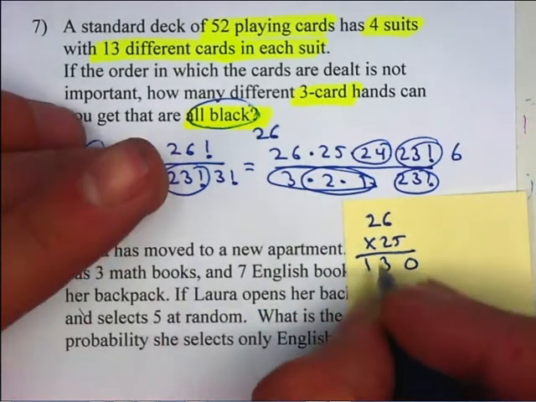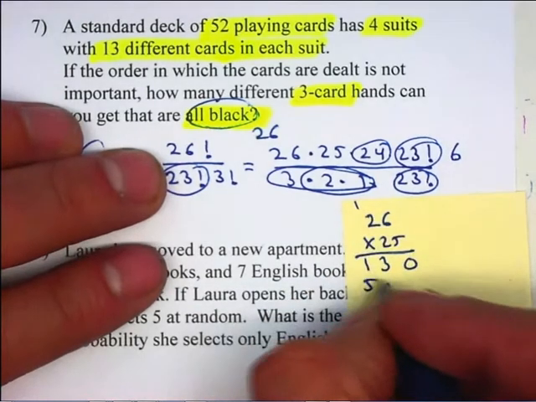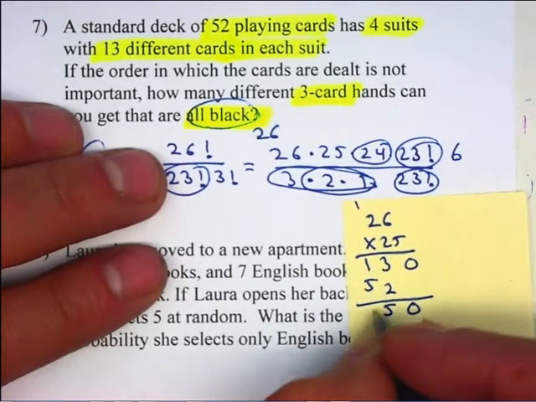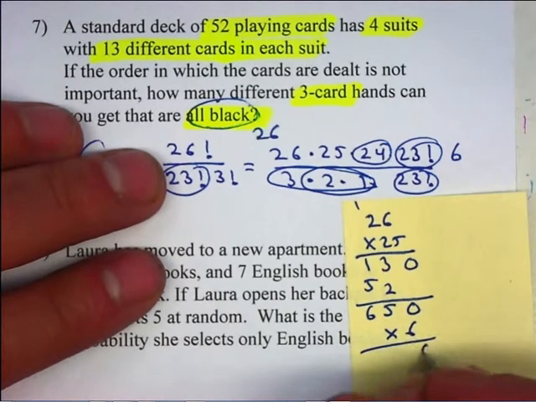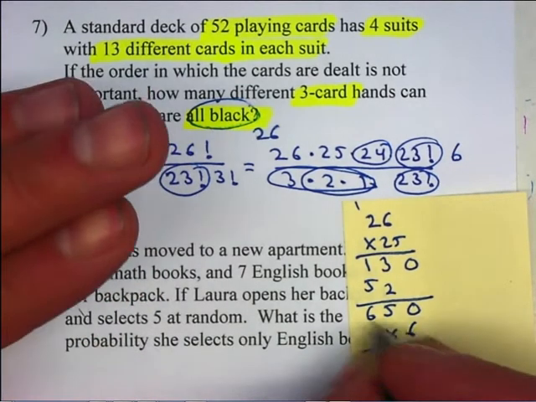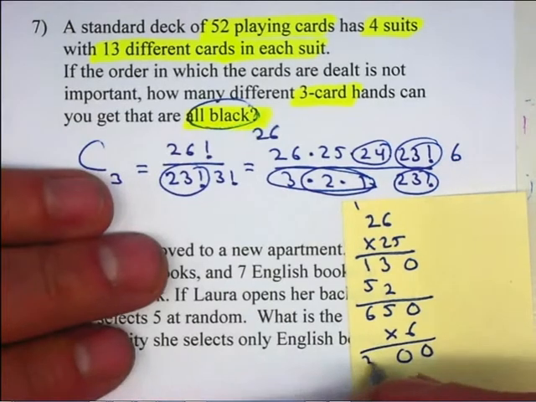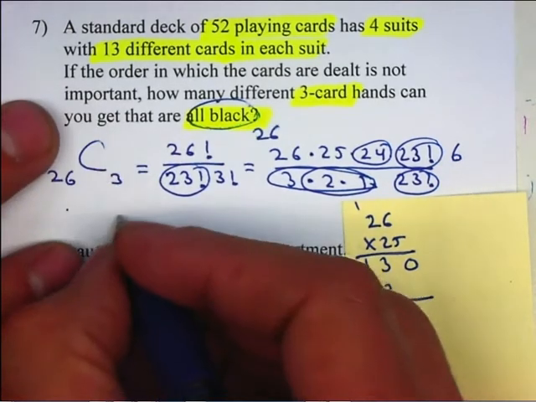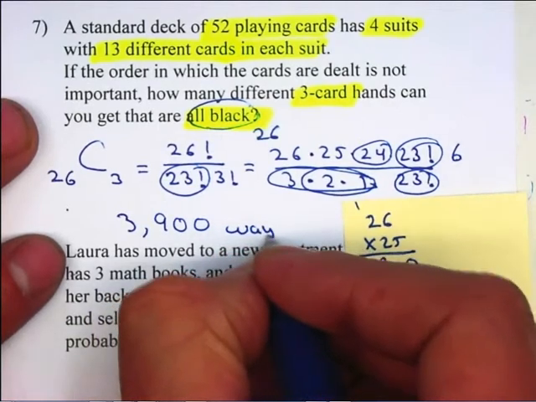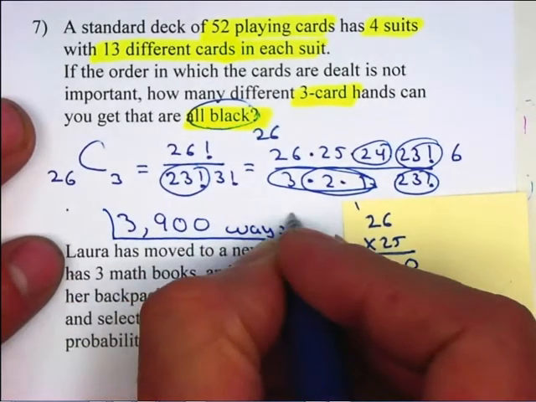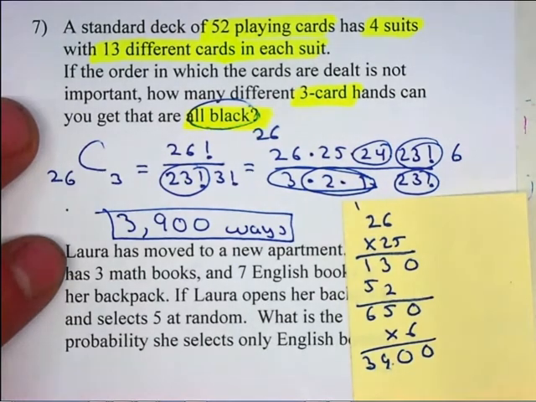That's 12, carry 1, that's 4, that's 5. And 0, 5, 6. 650, and multiply by 6. 0, 30, carry 3, 36, 39. So it'll be a total of 3,900 ways that you can get three cards that are all black.